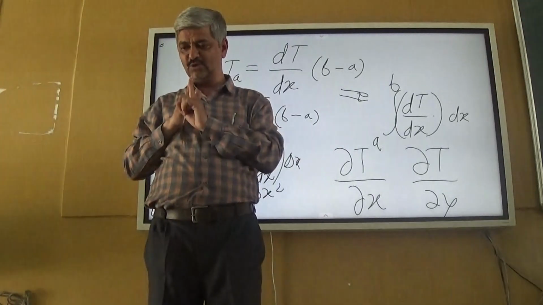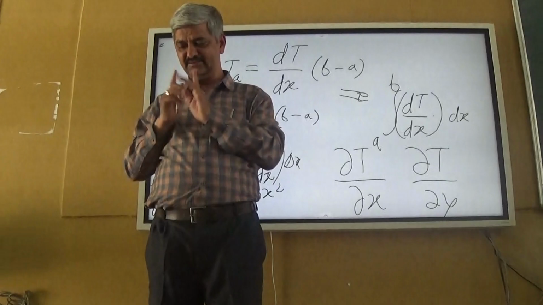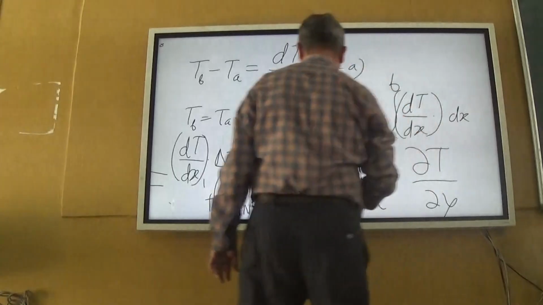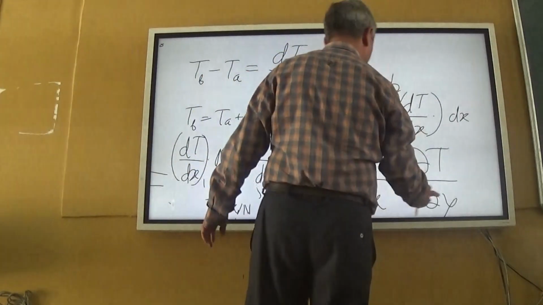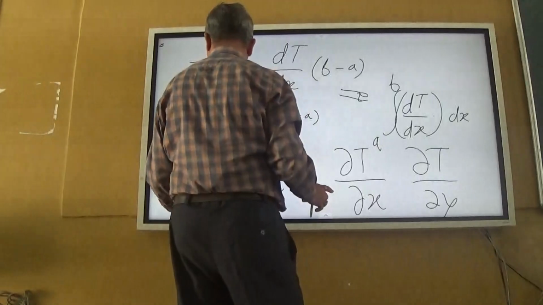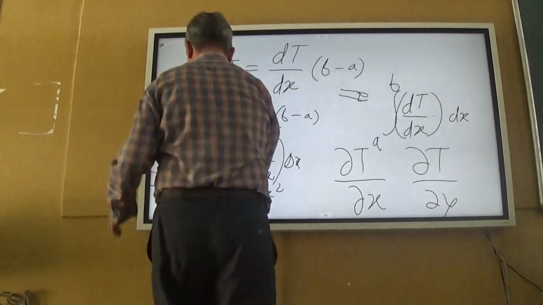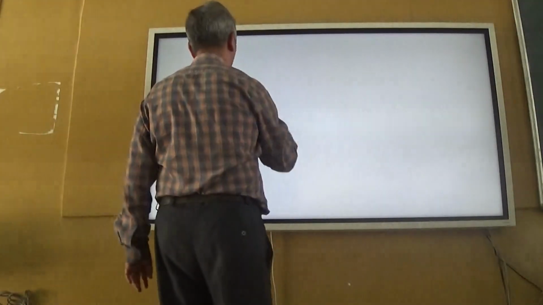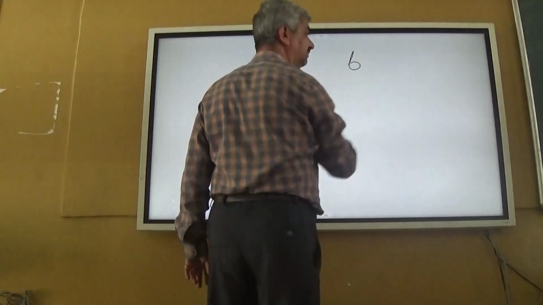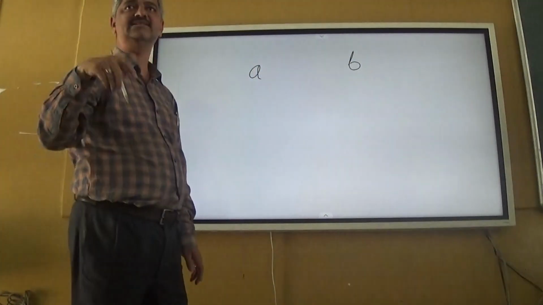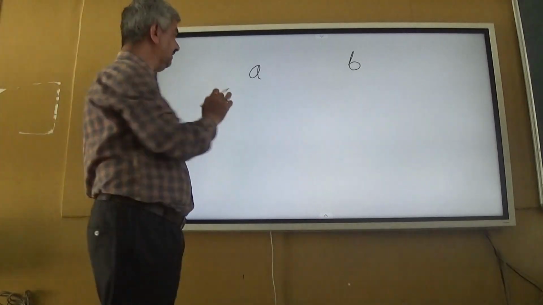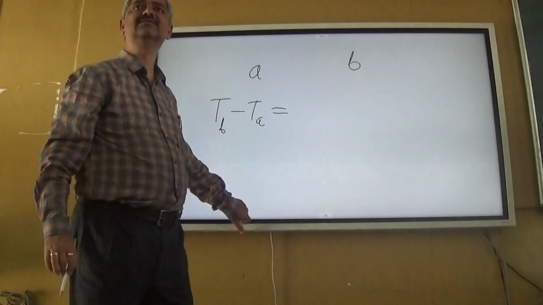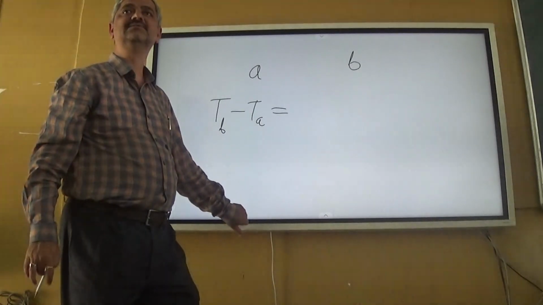Now you tell me, if you are at point A in the room and point B, what would be the temperature difference? TB minus TA will be equal to, how will you write that?